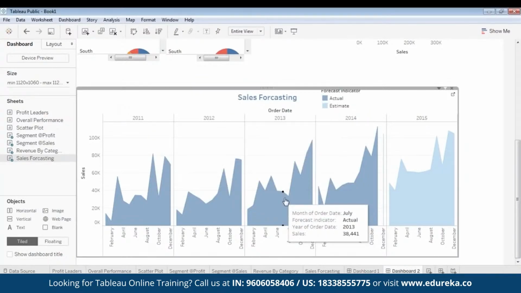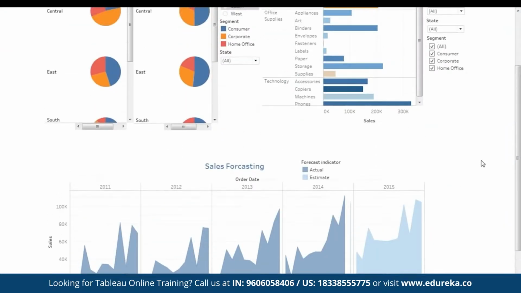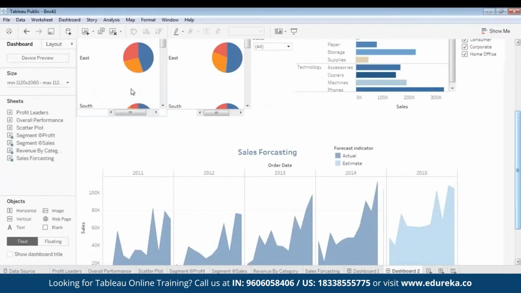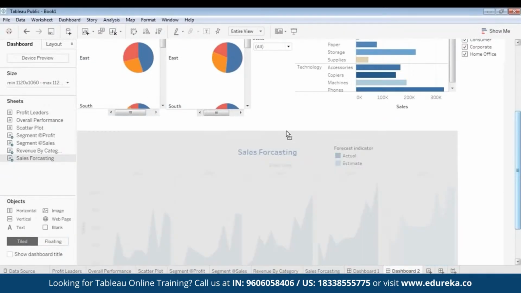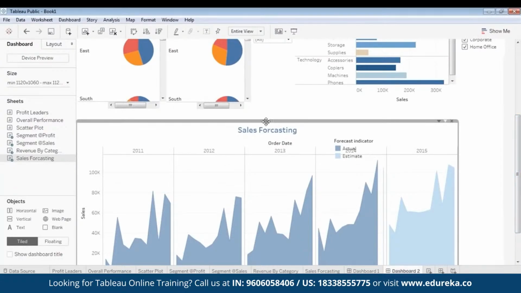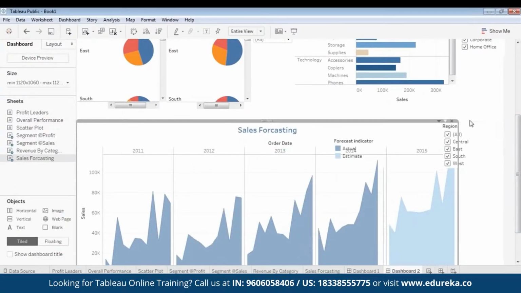Apply. Okay, sales forecasting. Let's see how it looks as of now. Okay, this is my second dashboard, so my sales forecasting is at the bottom. A lot of space is there. You can make it like this. Right. Let's add a few of the filters also. The final touch. Let's add the region first.